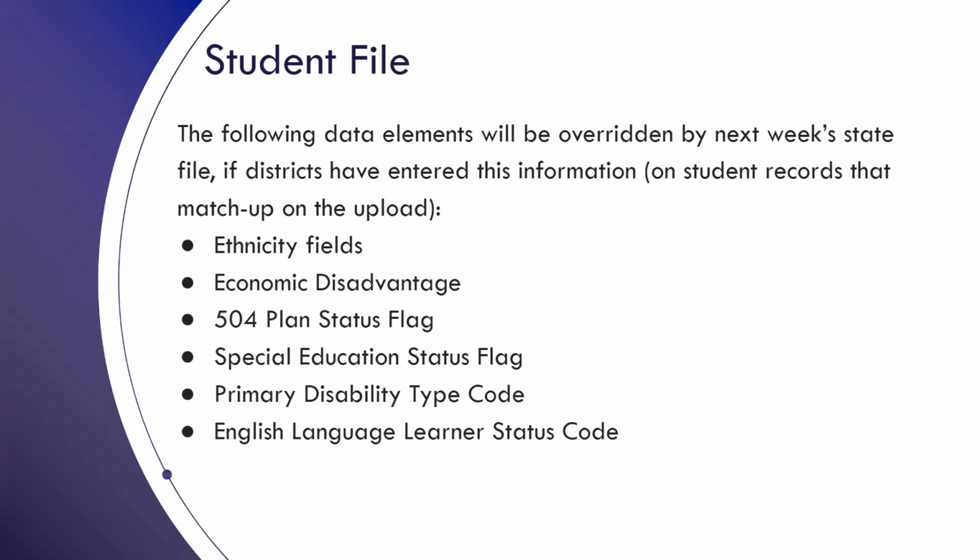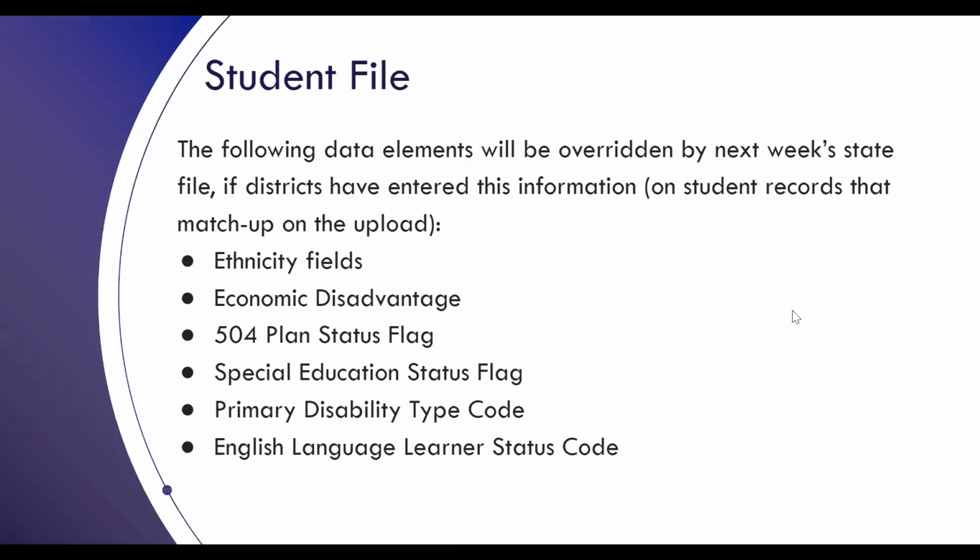So I am asking districts to add a not tested code of remove, RMV, to all of these records who are no longer enrolled at your district but are appearing on your roster. Once you have completed this, please send me an email and let me know how many records you had to change, because I would like to report this number to NWEA so that they know how many records were unnecessarily touched.